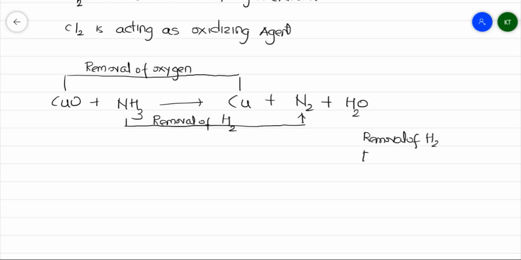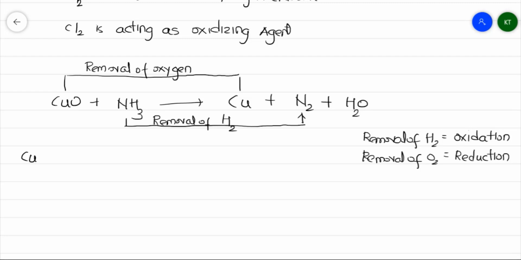And here I have another one, that is removal of oxygen. We have studied in earlier definitions of reduction and oxidation that removal of hydrogen we call oxidation, and removal of oxygen we call reduction.